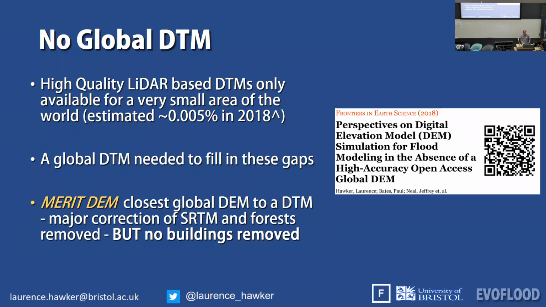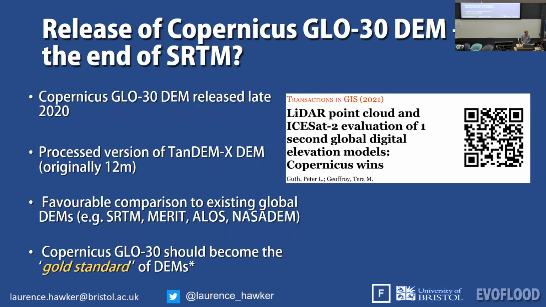And up until FABDEM, probably the closest thing to a digital terrain model at global scale was Merit DEM, which removed trees from SRTM, but no buildings. A few years ago, Copernicus DEM was released. This is based on TanDEM-X, which some presenters on day one touched on.